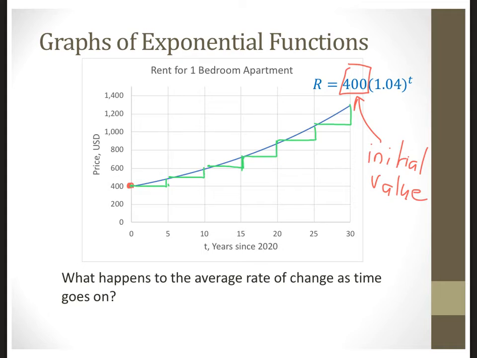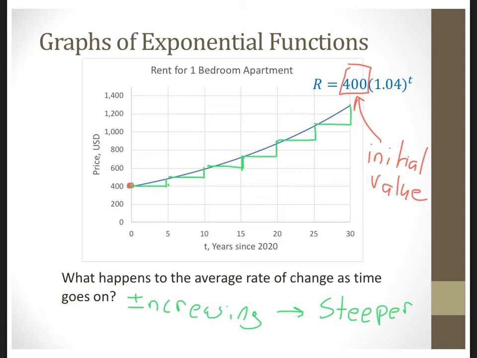In fact, y is increasing more and more rapidly as time goes on. So with exponential growth, we see that the average rate of change is not constant. The average rate of change is increasing. We can see this because the graph is getting steeper as we move along. So that's one big distinction to make there. We don't get linear graphs, we get graphs that bend upwards.